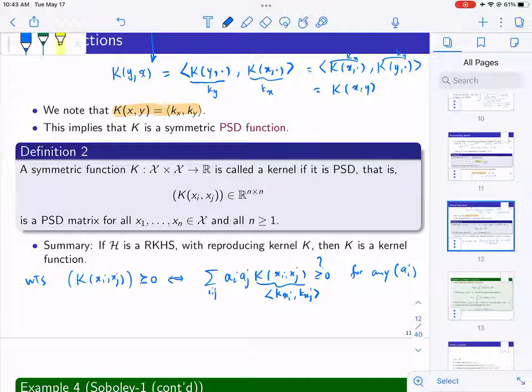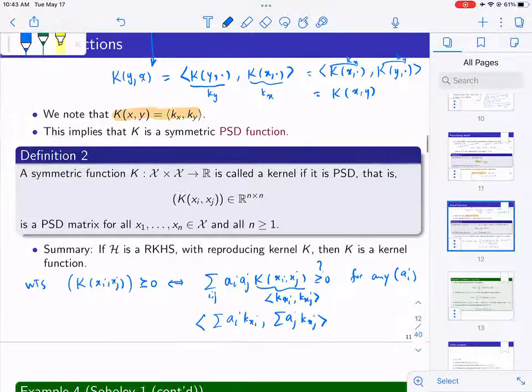By linearity, you bring in everything, and you can confirm that this is in fact just this. What is this?